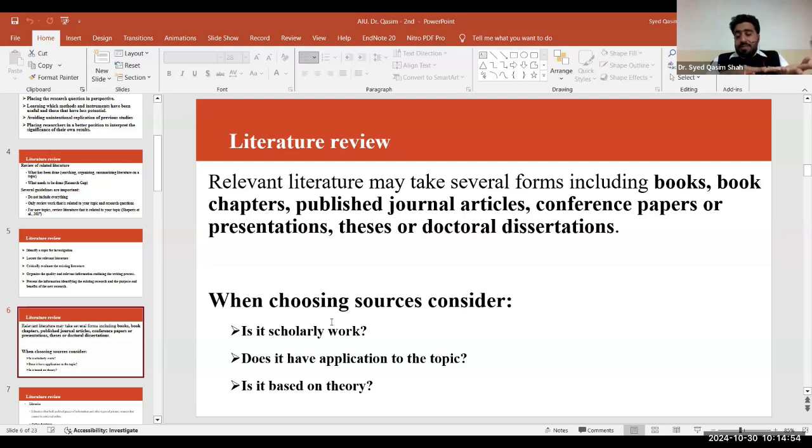Scholarly work is done in research in a very formal setting, published, and reviewed, whatever review process has been followed. It has a certain relevance and application to our topic, and it is based on a certain theory. So then we can claim, okay, this is the exact source that we can use for our review.